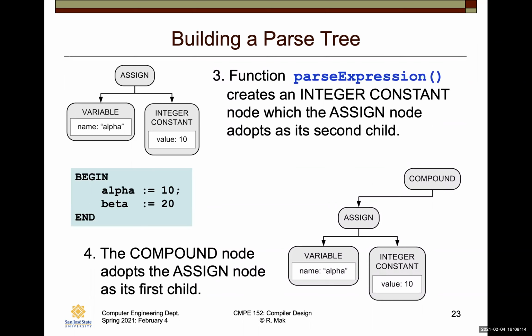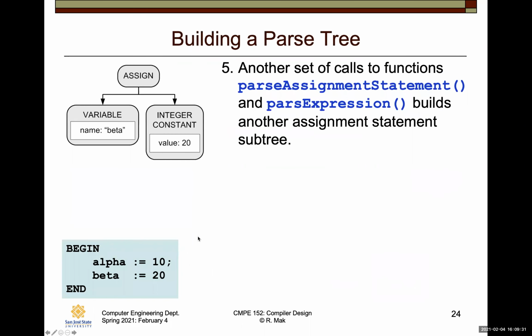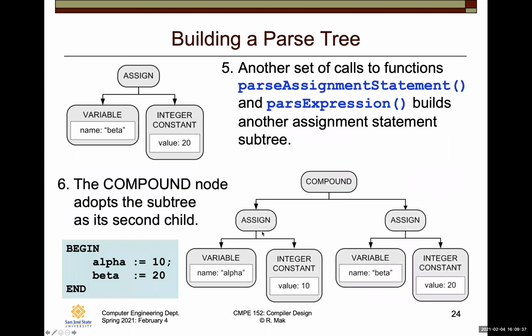All right, we're back in parse compound, and we're ready to parse the second statement in the list. The same thing happens. It calls parse assignment statement, and we end up with this tree. And that gets adopted by compound, and so now the compound tree is finished.